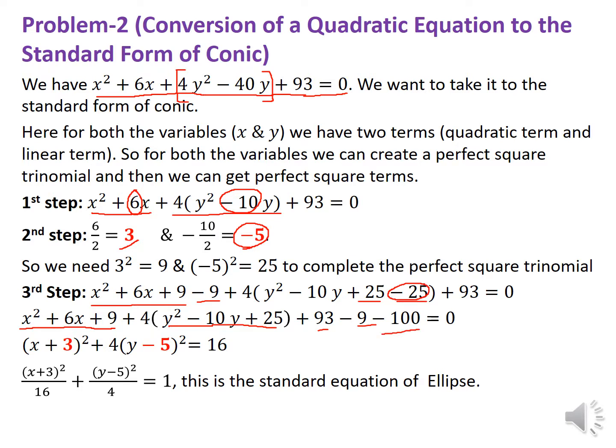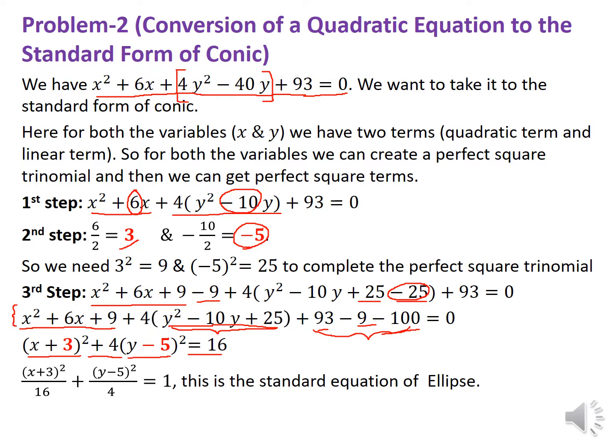Okay, so now we can write x square plus 6x plus 9 as x plus 3 whole square and y square negative 10y plus 25 as y minus 5 whole square. Then we will get x plus 3 whole square plus 4 into y minus 5 whole square is equal to 16, since the calculation of these terms will give negative 16 and we have taken it to the right side, that gives 16.